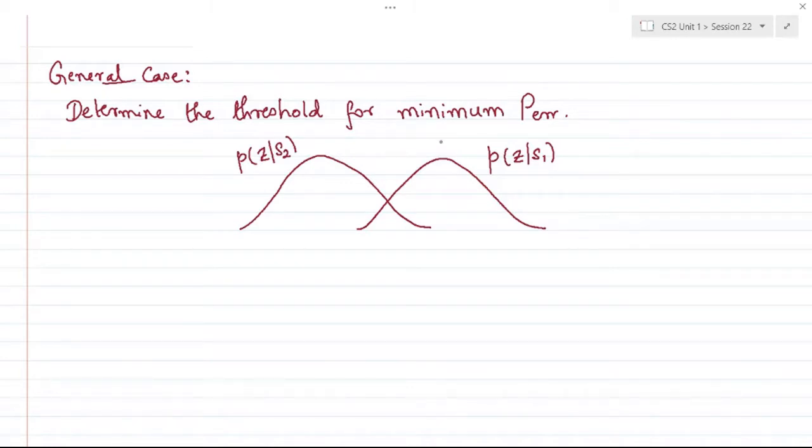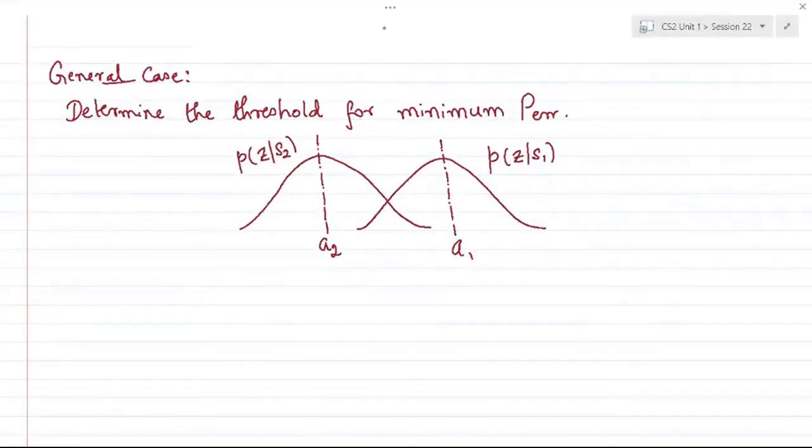Anyway, now we know the mean value of this, which we considered in the last class as Z1. This is S1 and this is S2. In general, I can say this has some variable A1, and A2 doesn't have anything. And we had set the threshold at the crossover point.